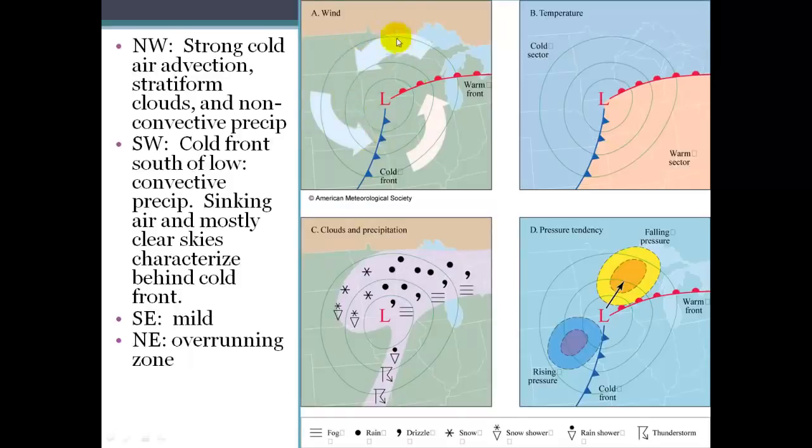You see these lines, or the arrows rather, representing the airflow around the low pressure, which is again counterclockwise and in. So we have cold air advection, all this cold air blowing into the northwest sector of the storm. We're likely to see stratiform type clouds, so layer type clouds like stratus and the many different types of stratus clouds.